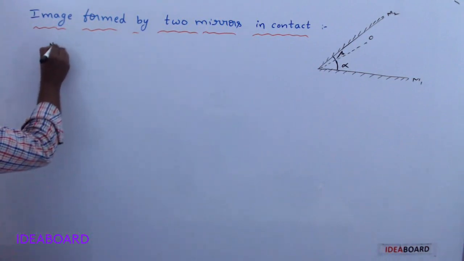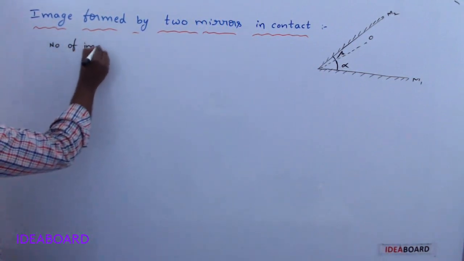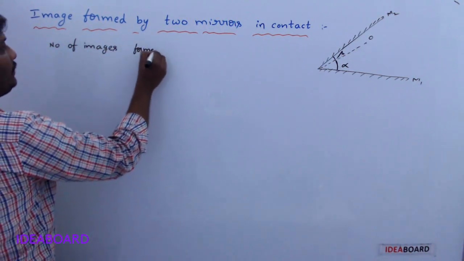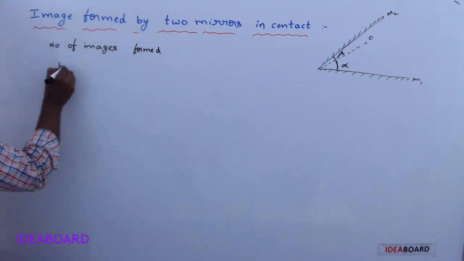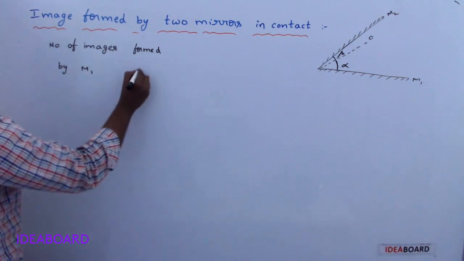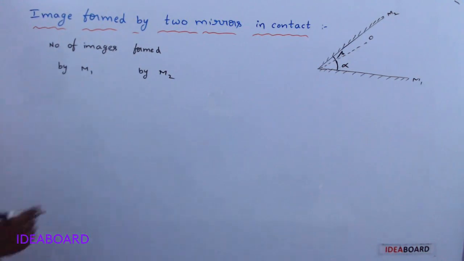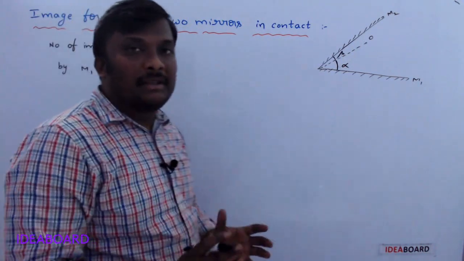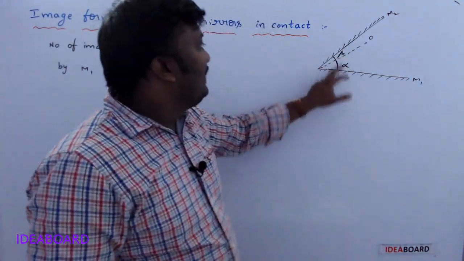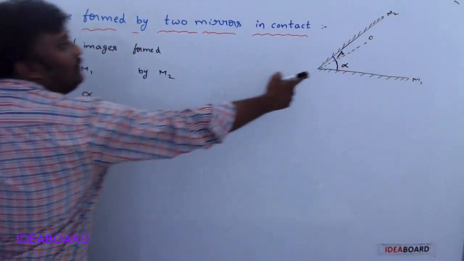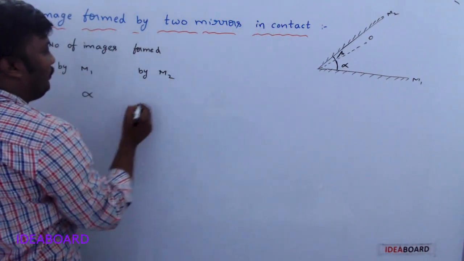So, number of images formed by mirror M1 and by mirror M2. First of all, in the crisscross method, the easiest way is to write down the angles here first. So this is alpha with M1, and with M2 it is beta.